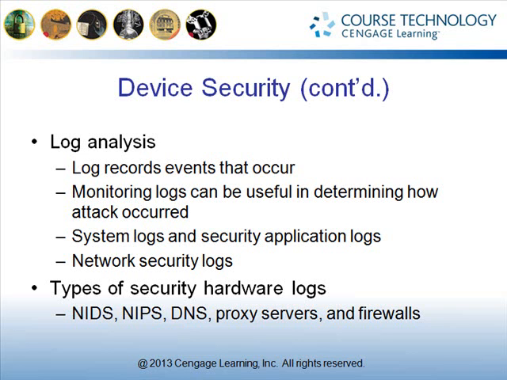Some of the types of security hardware logs that can be generated: network intrusion detection and network intrusion prevention systems, which can contain detailed logs on suspicious behavior as well as any attacks that might be detected. The domain name system logs record an entry of all queries that are received, and there are also proxy server logs, firewall logs, etc. Each of these logs in and of themselves can contain some important information.